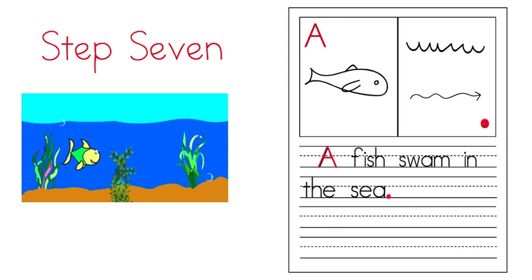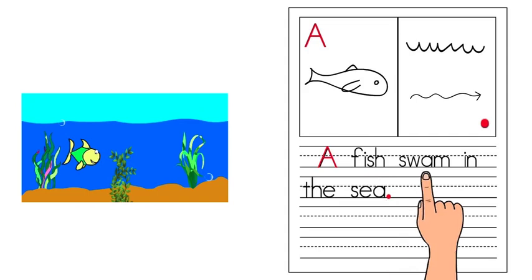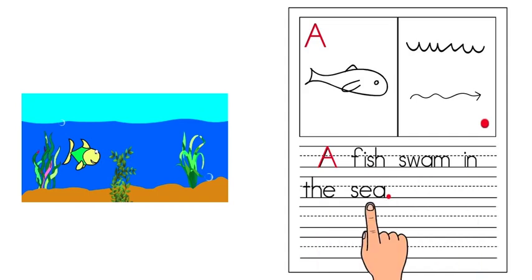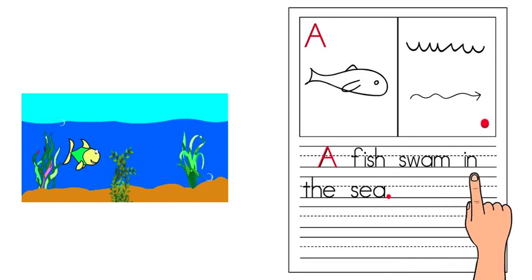Great job! You have a capital and stop in your sentence. You are ready to point and read your sentence. A fish swam in the sea.